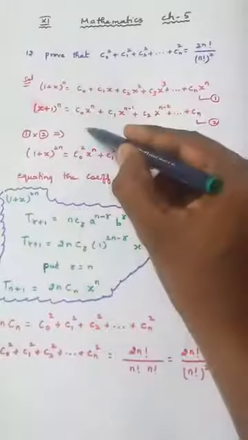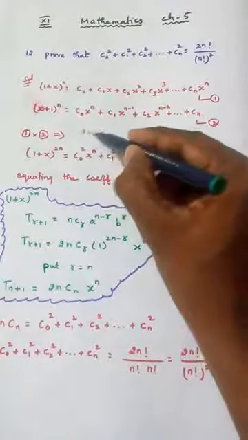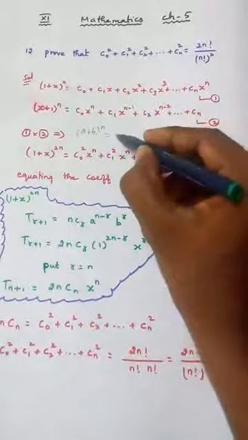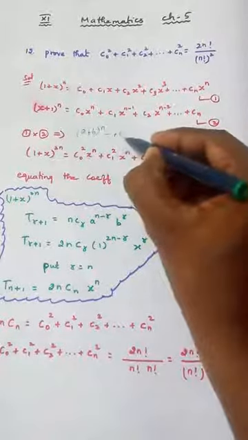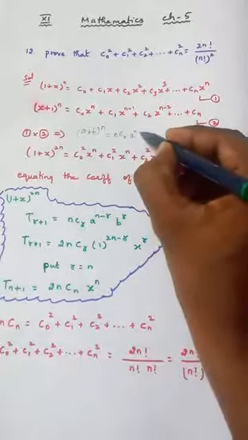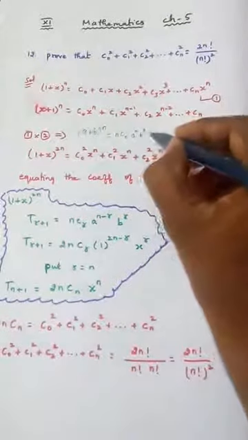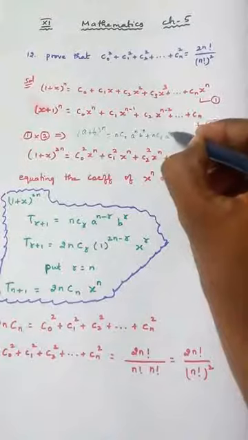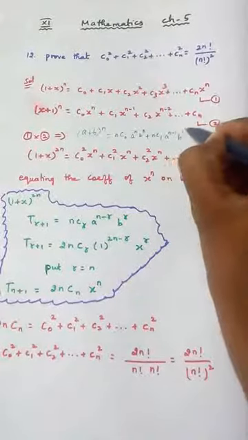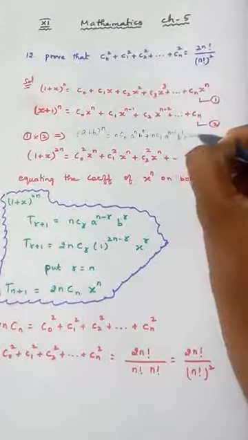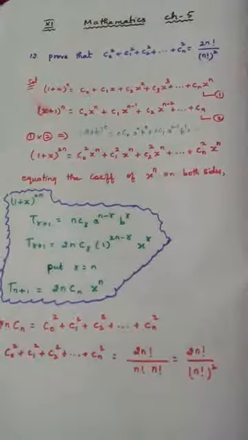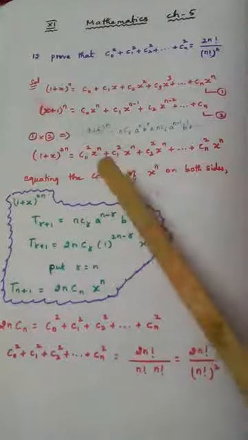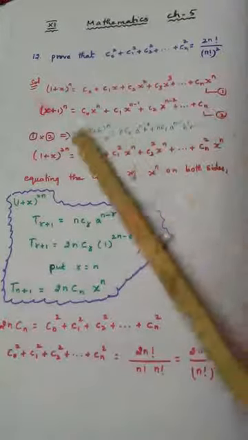I will write the formula here, for your understanding. a plus b whole power n. What is the formula actually? nc0 a power n b power 0 plus nc1 a power n minus 1 b power 1, plus it goes on like that, right? This is the formula that we started this chapter, binomial theorem, with.